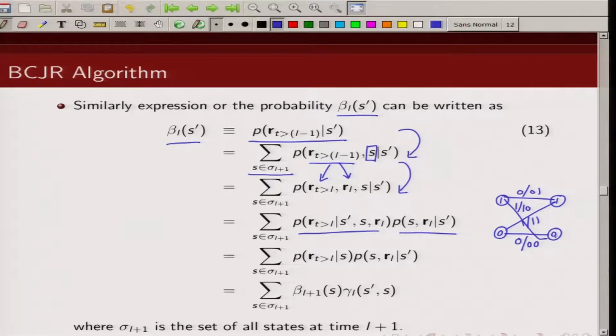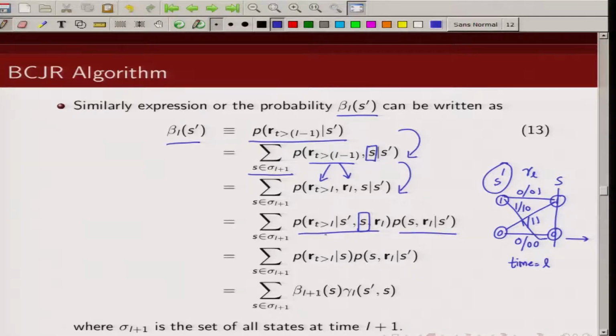If you are interested in the probability of r t greater than L, where this is your time L, the probability of r t greater than L given the previous state S hat, next state S and r L only depends on the next state S. If you know the next state S, you do not need information about the previous state, and you do not need information about the current bit.